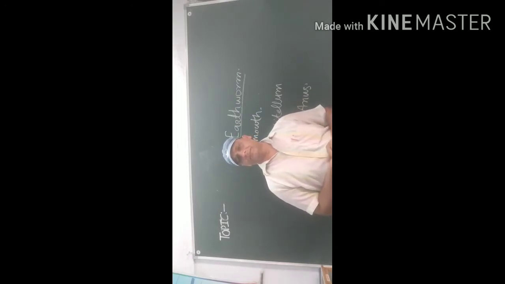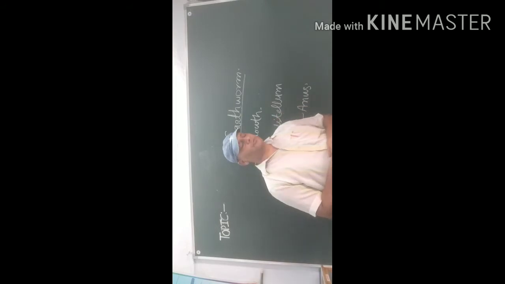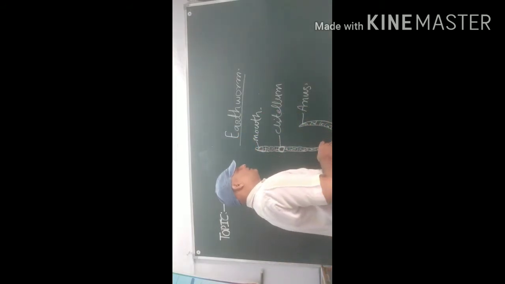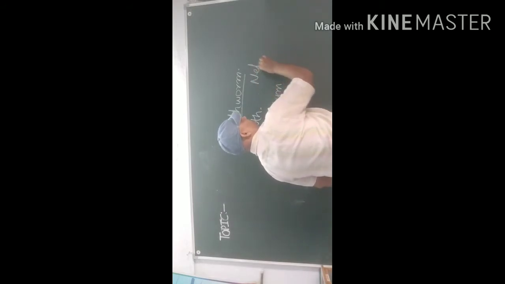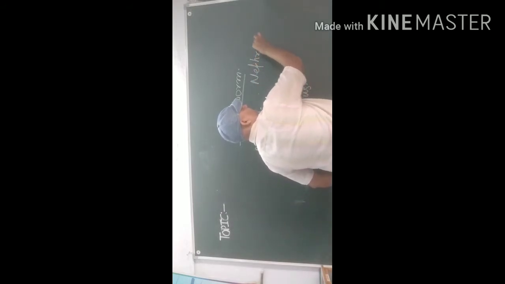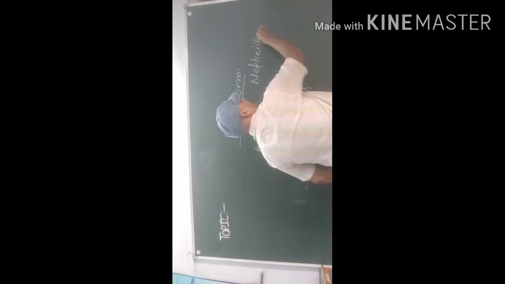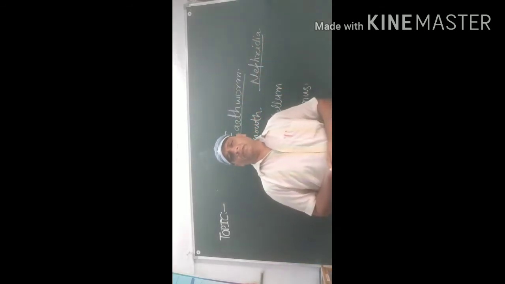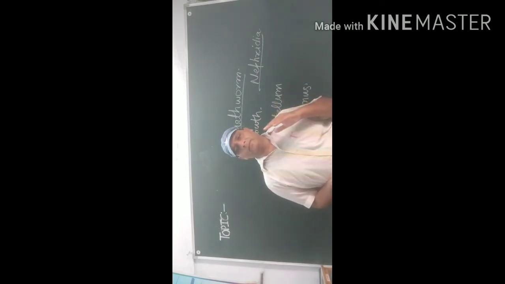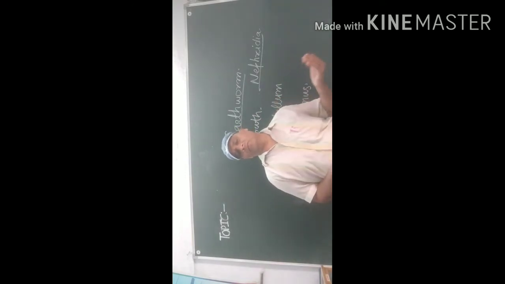Excretory system. The excretory system of the earthworm is composed of nephridia, which help in the excretion of waste materials from the body.